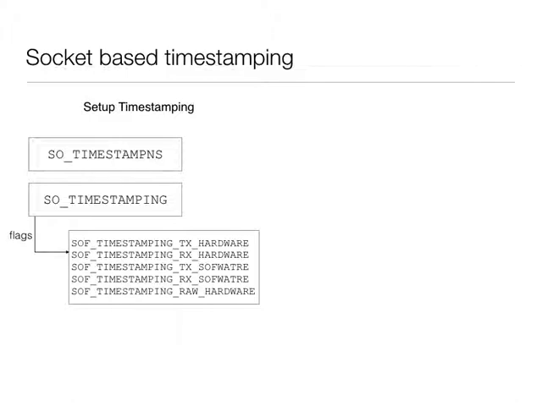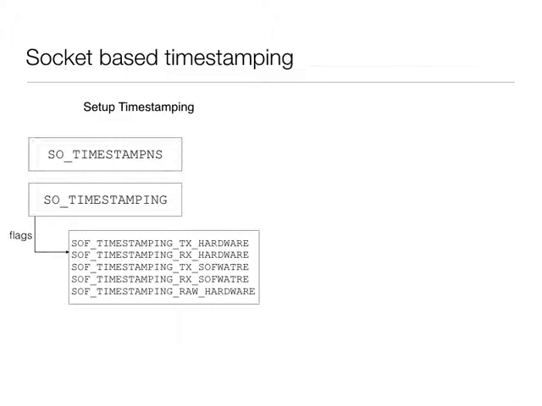TX software means that you're going to timestamp the transmitted packet in the driver, just above hardware, not in user space. That would be very bad. RX software means you're going to timestamp the received packet in the driver, just above hardware, which is not as good as hardware, but still good. And this last flag means that you're going to read whatever timestamped hardware values you have in user space. So these are the flags that you have to specify.